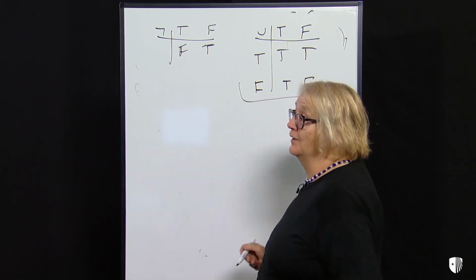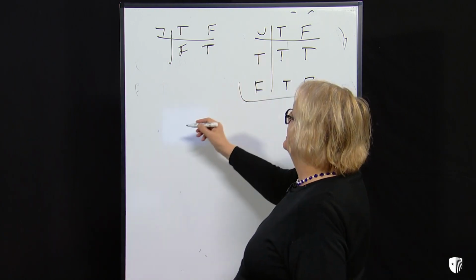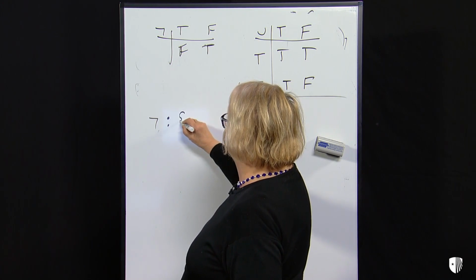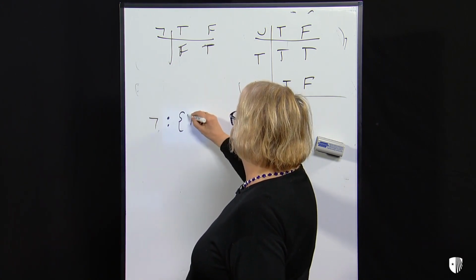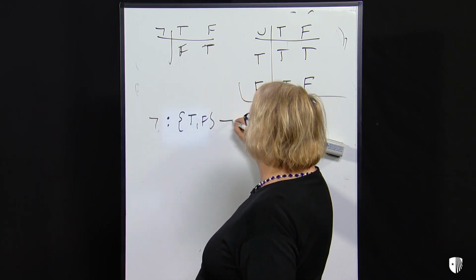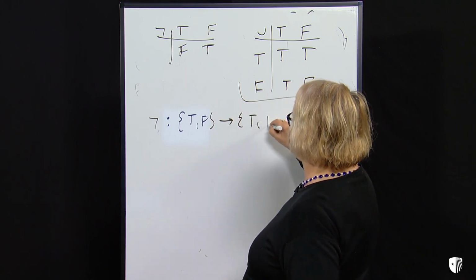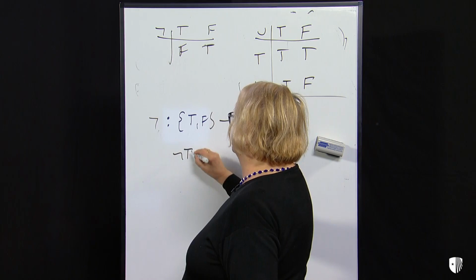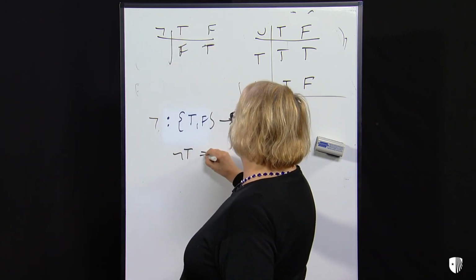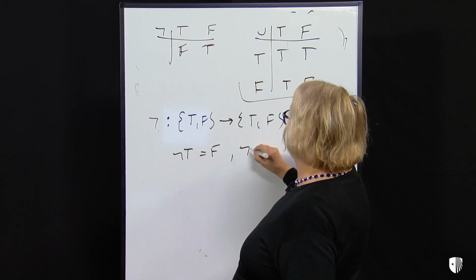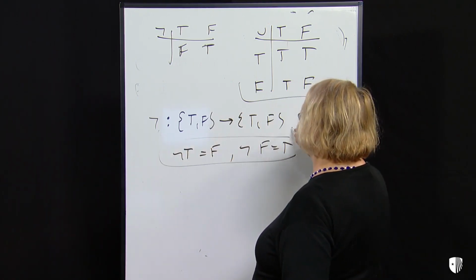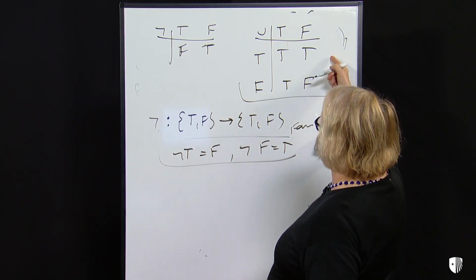So negation is a function which takes a logical value and returns a logical value. The formulas for the function are: negation of t equals f, and negation of f equals t. This is the function, and this is our formula for the function.